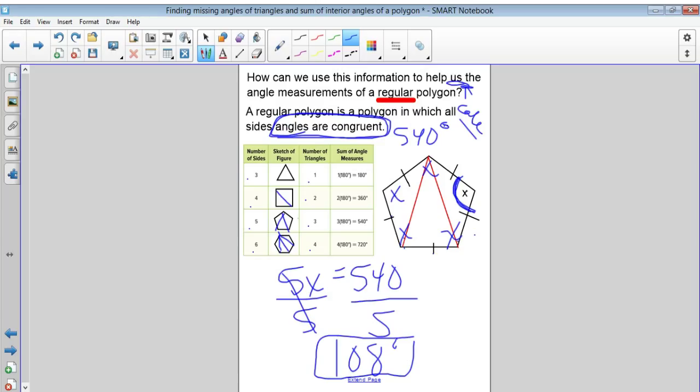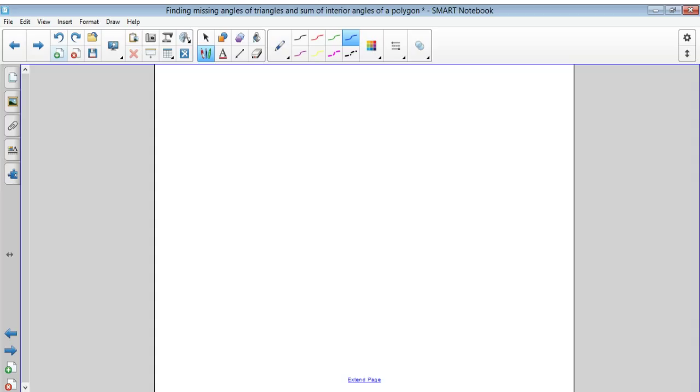Okay, and so now we've created another algebraic expression, another understanding of how to calculate the angles in a regular polygon. So that would be the measure of an angle of a regular polygon.